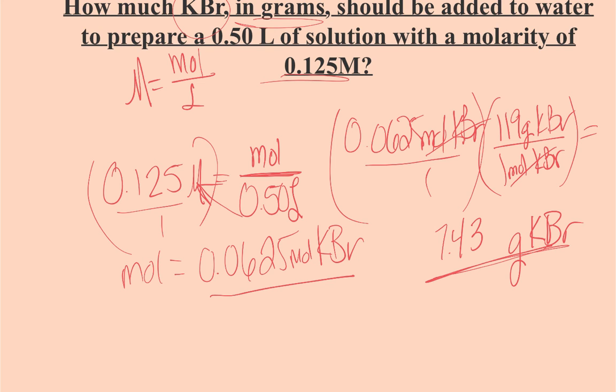So I'm going to take half a liter of water and dissolve 7.43 grams of potassium bromide in it, and my concentration is going to be 0.125 molar.